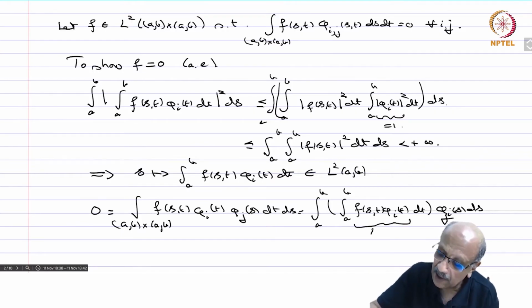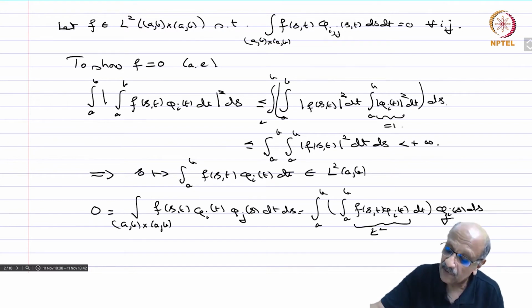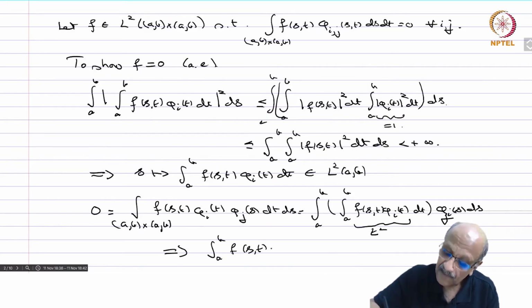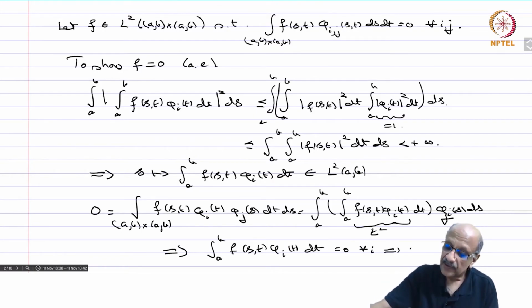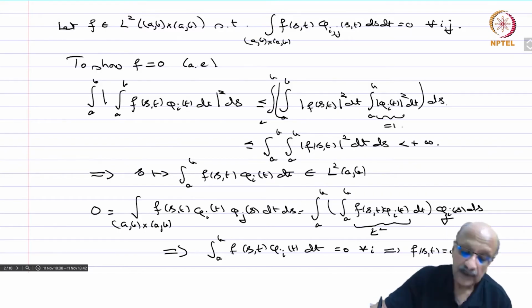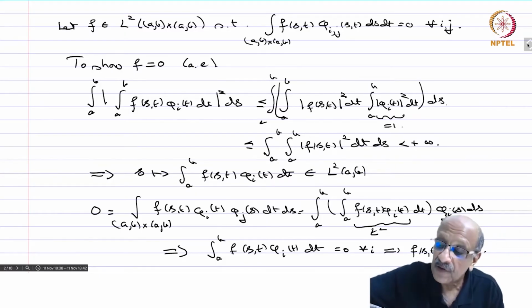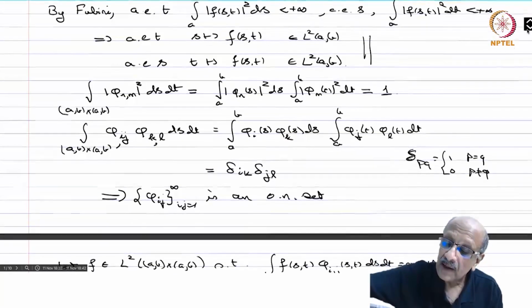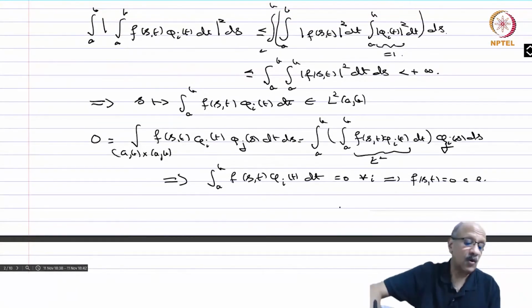Now this is given to be an L2 function and its inner product with every phi j is 0. So this implies that integral a to b f(s,t) phi i(t) dt equals 0 for all i, and this implies that f(s,t) equals 0 almost everywhere, once again because each of these is in L2, and therefore from these statements you get that f(s,t) has to be 0 almost everywhere.